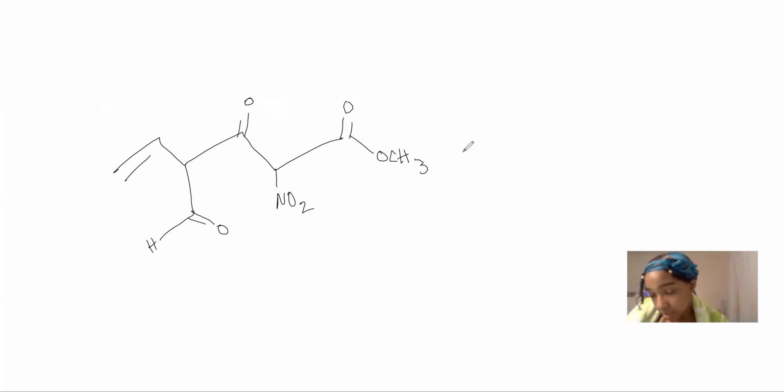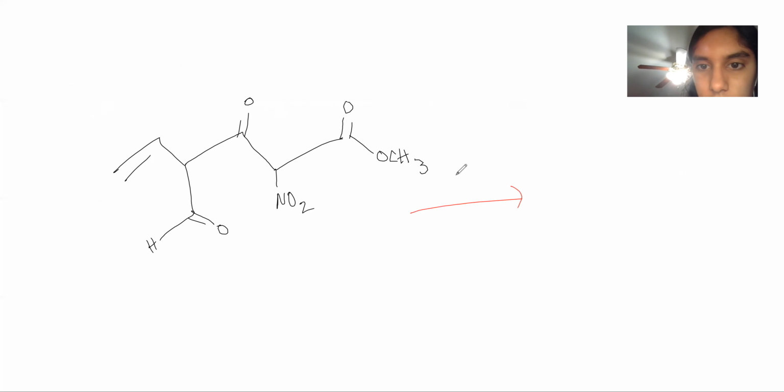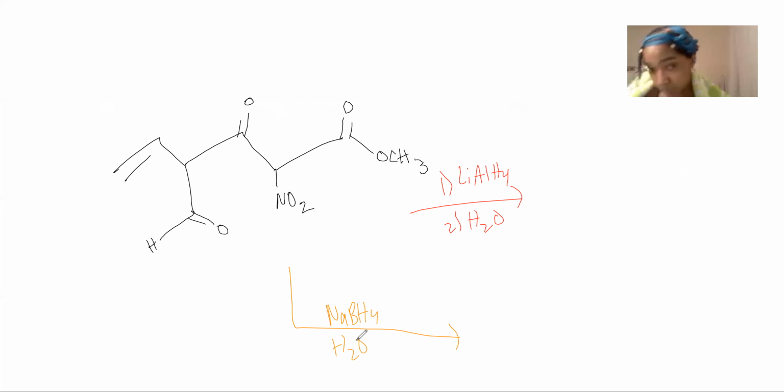I don't even know if that's possible. Okay, so one path is LiAlH4. And then because NaBH4 is mild, I think you don't have to separate it into two steps. I think you can just do NaBH4, H2O. I was gonna ask why there has to be water.